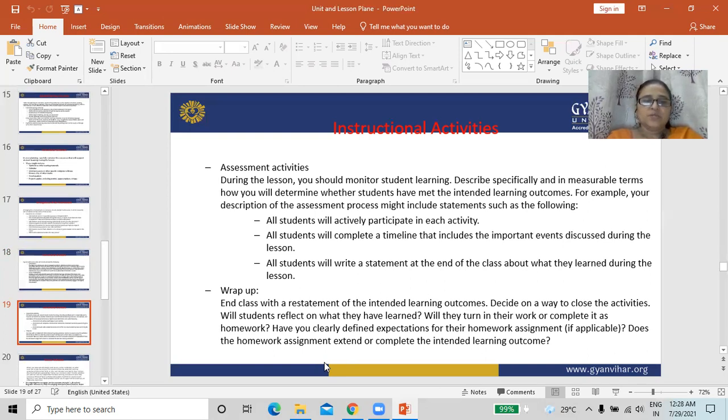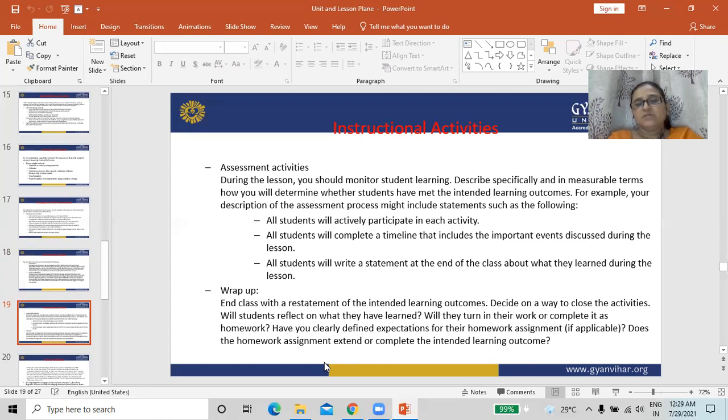Wrap up: end the class with a restatement of the individual learning outcome. Decide on a way to close the activity. Will students reflect on what they have learned?